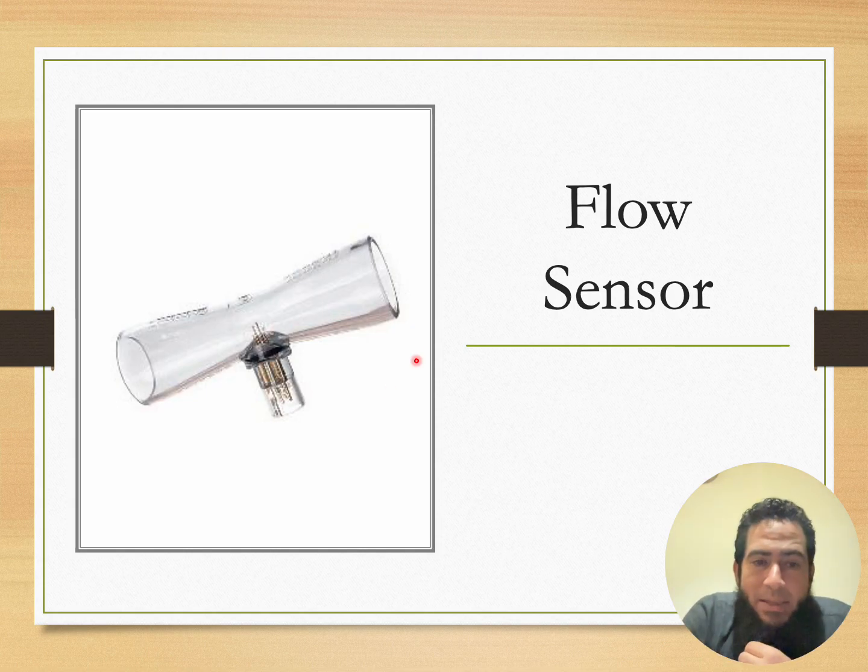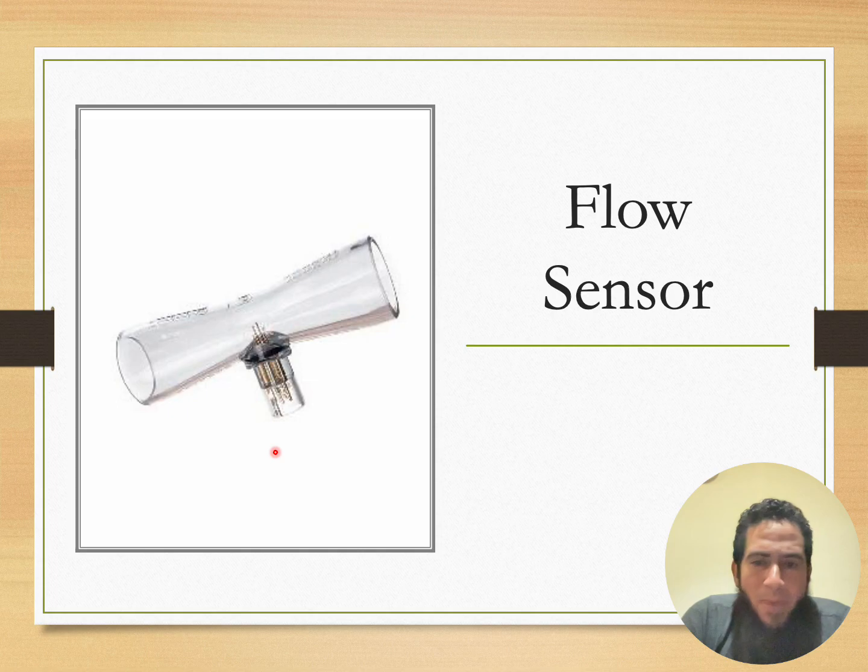The problem is if this part is not working, and actually it happens commonly in the Drager machines, because this is the weakest part of the machine. Actually, the flow sensor very commonly stops working. If this is not working, the flow will not be sensed, and this is actually a major problem. Why?